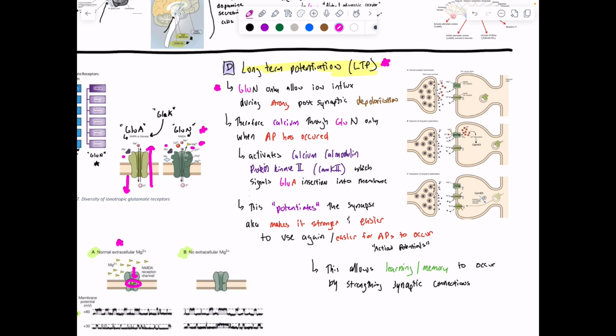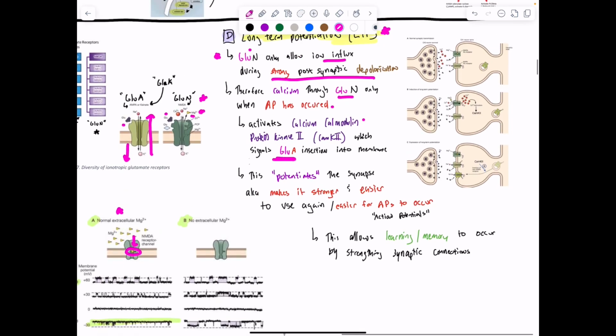So GLU-N will only allow ions to go through if there's a strong depolarization. In this case, calcium through the glutamate N receptor will only occur when the action potential has occurred. But the idea is that it will activate something called calcium calmodulin protein kinase 2, and that's going to signal the insertion of the GLU-A receptors into the membrane.